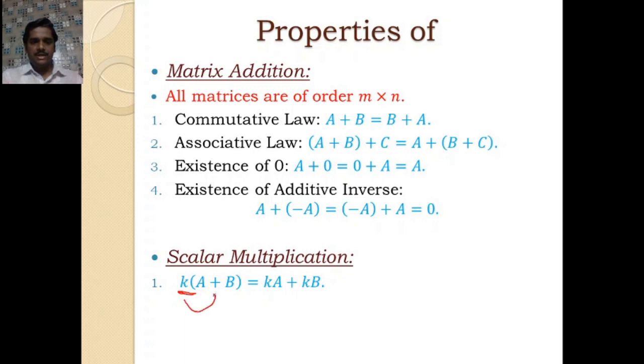You can see this k multiplies with the first matrix to give you kA. This k multiplies with the second matrix, that's B, to give you kB, and here is your matrix addition. So we have scalar distributes over matrix addition.